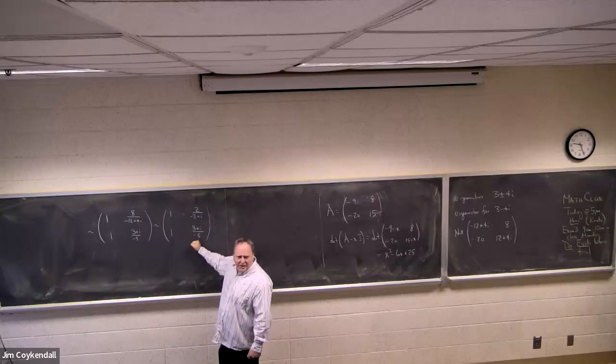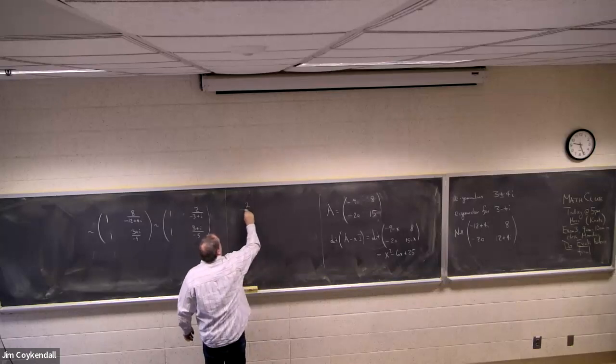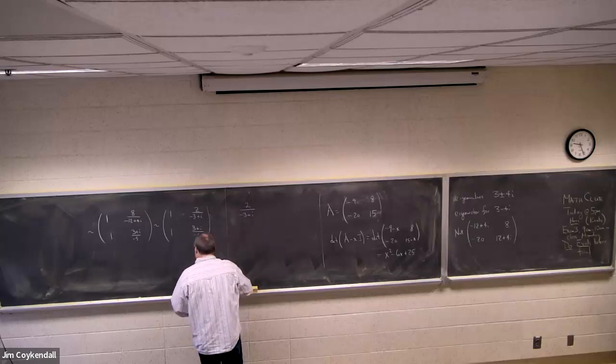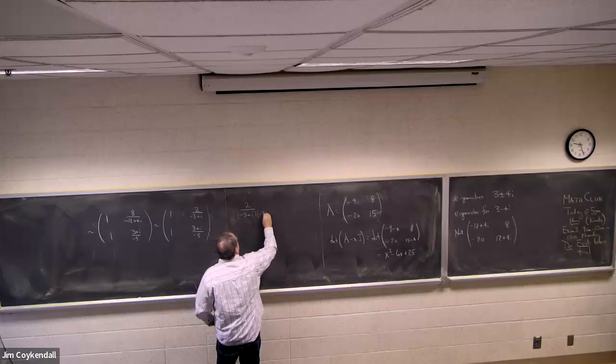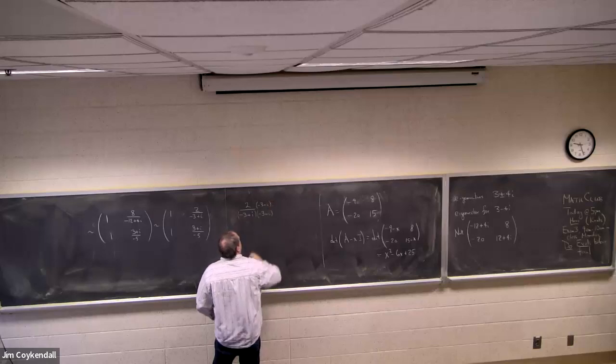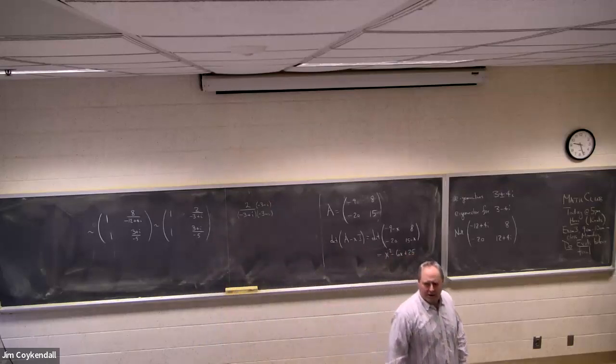In fact, this is kind of a good exercise here. I understand this thing a little bit better than the other one because this has got this 3 plus I in the bottom, right? So let's fix this. I'm gonna fix this by multiplying top and bottom by the same thing. What's my logic here?